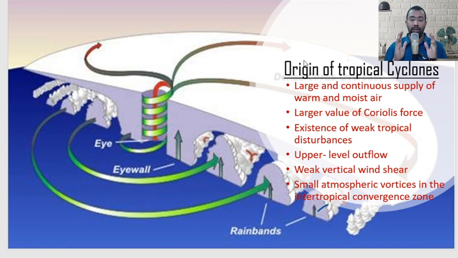A cyclone is a rapidly rotating system characterized by a low pressure center and low level atmospheric circulation, with spirally arranged clouds, thunderstorms and rainfall across tropical oceans. And only then do you call it a tropical cyclone.